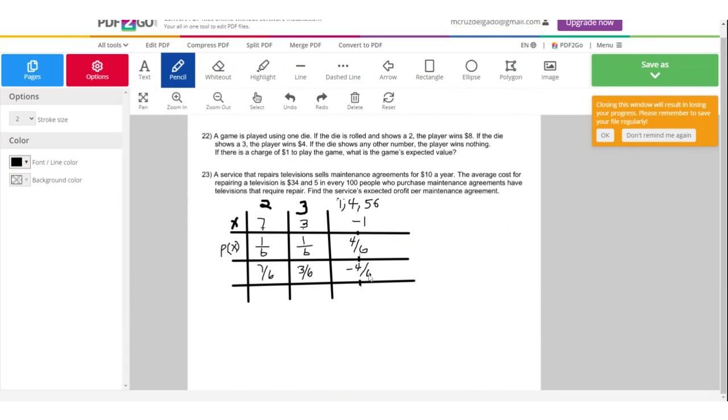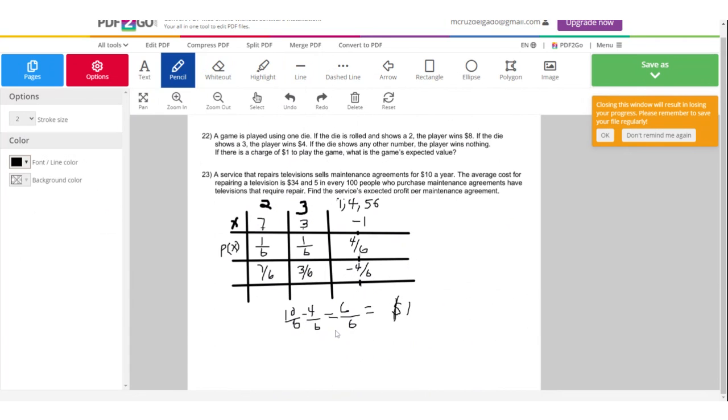So this is 10/6 minus 4/6, which is equal to 6 over 6. So that's going to be $1. 6 over 6 is just 1. So it's positive.